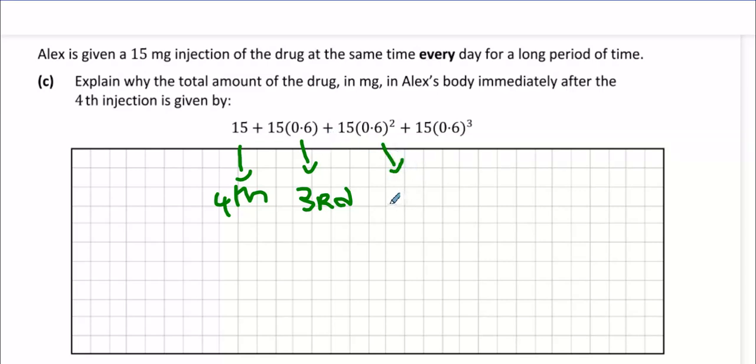The second injection has lost 40% twice, so therefore it's retained 60% of its drug twice. Does that make sense? And the initial injection, the first injection, has been in your body for 3 full days, and it has lost 40% 3 times. So that's your first injection.